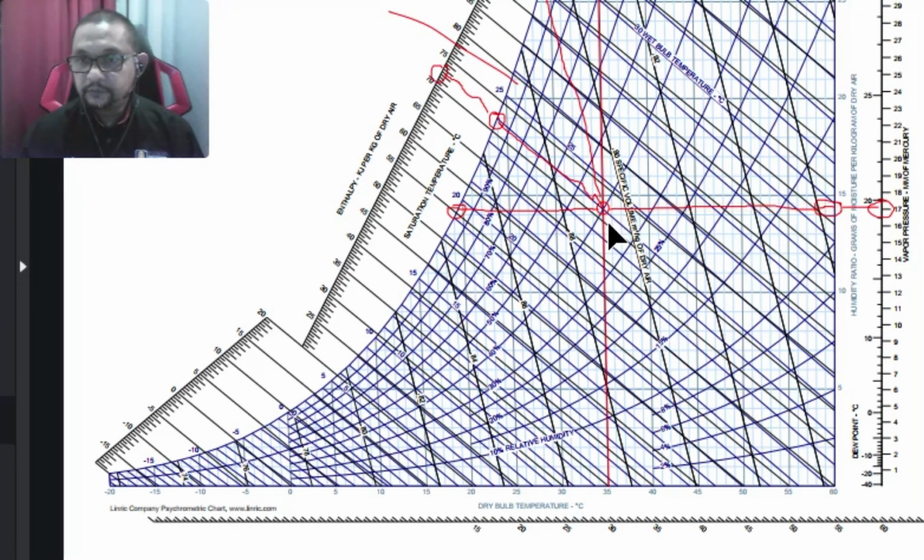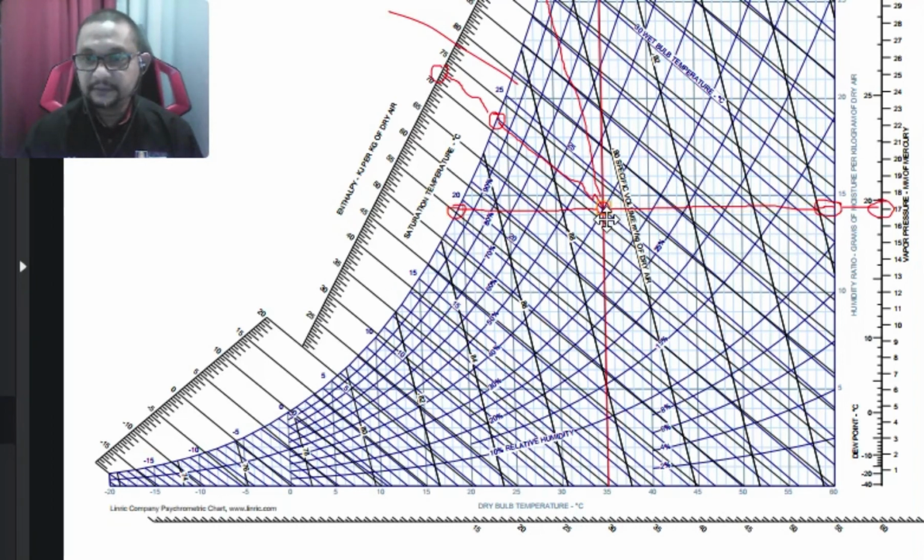When you see this is the dew point in Celsius, this is 20 Celsius. So below 20 Celsius is about 19.4 degrees, the temperature of the dew point.